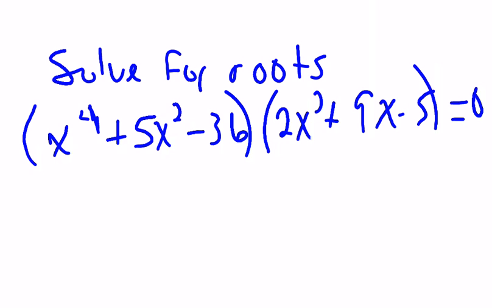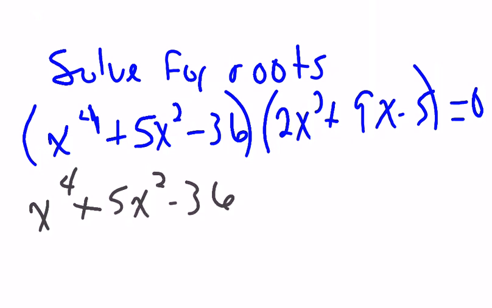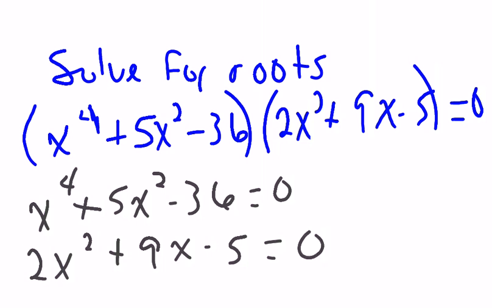So what we have to do is go ahead and see if we can factor each one of these, knowing that they are kind of in factored form already. We know that one of them is x to the 4th plus 5x squared minus 36 equals 0, and the other one is 2x squared plus 9x minus 5 equals 0.